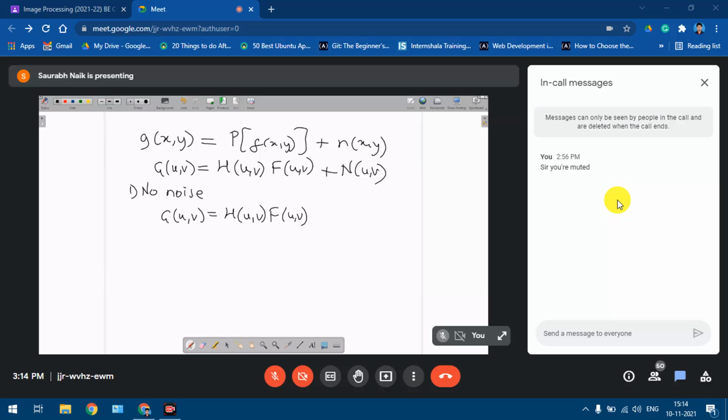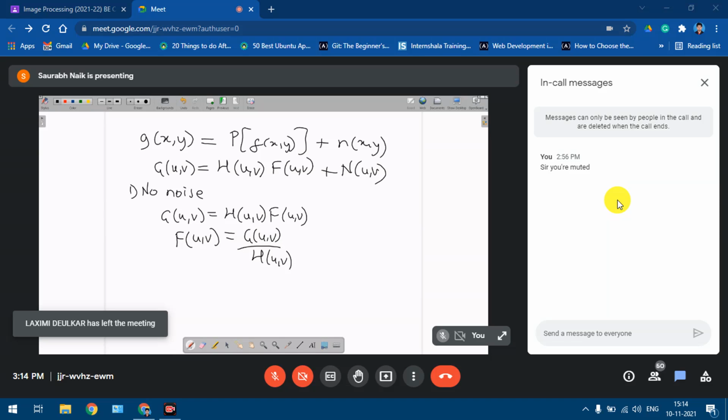Okay. Now, we just want to reshuffle this equation to find out what was f of x comma y in the original image. So we can rewrite this as f of u comma v as g of u comma v divided by h of u comma v. Okay.